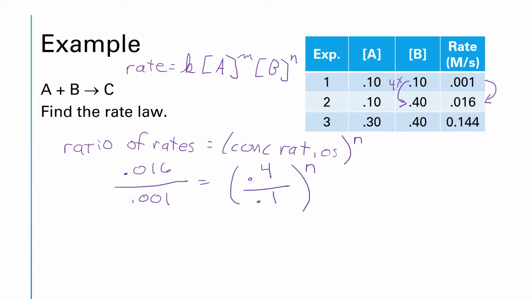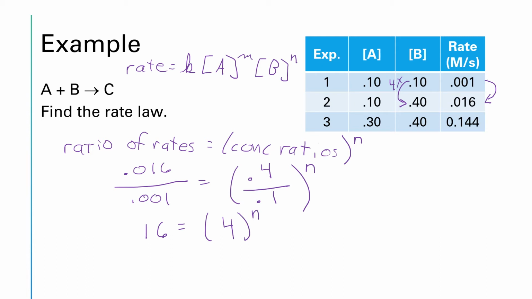Let's see, over on the left-hand side, if we take 0.016 divided by 0.001, that will give us 16. And then the concentration ratio of 0.4 over 0.1 is 4. And that's all raised to the nth power.